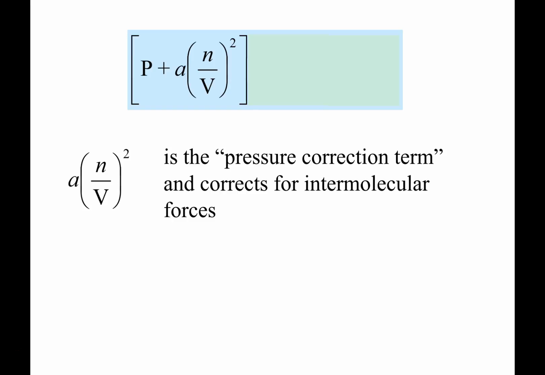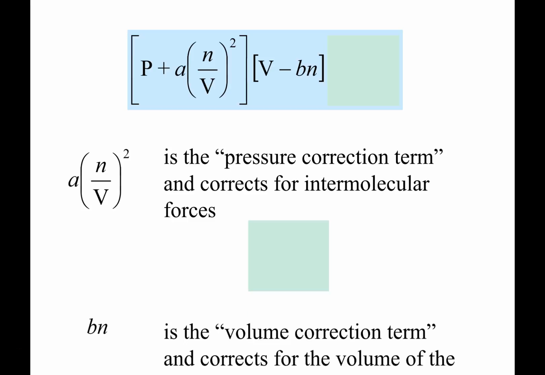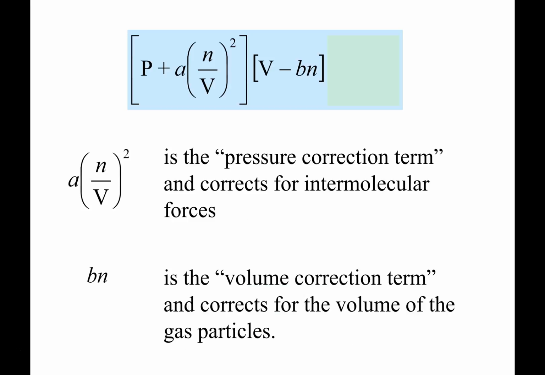All right. So this term here, the a quantity n over V raised to the second power, that's called the pressure correction term. And then the bn, again, a and b are constants. You have to look them up for a specific gas. The bn is called the volume correction term.